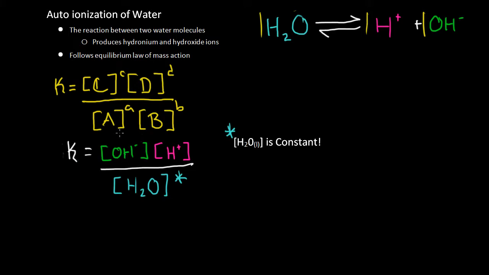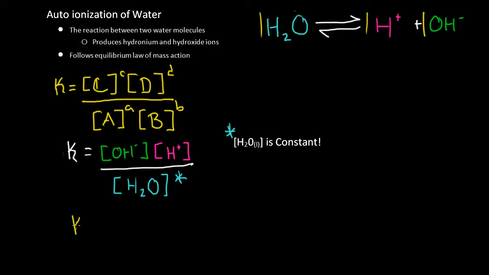In this case, our products are OH- and H+, and they both have an exponent of 1 because there's the one that's not generally written in the equation but is there, and that's divided by the concentration of water. However, we do know, as with writing any equilibrium law, that H2O is a liquid in this case, and liquids will not be included because the concentration of a liquid is constant. So what's that mean?